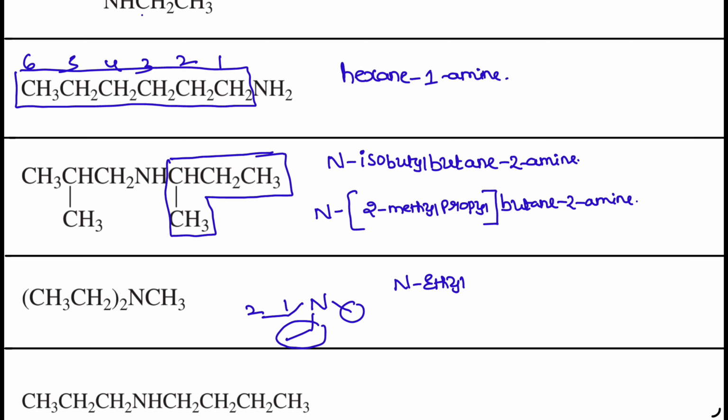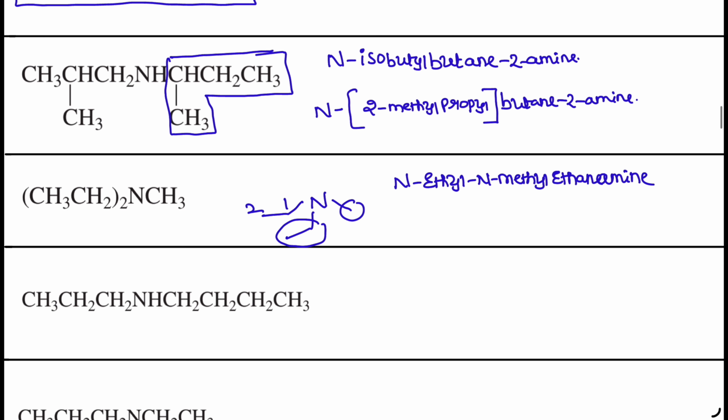Therefore N-ethyl, N-methyl, ethane-1-amine. Otherwise, whenever there are only two carbons, obviously the functional group carbon will receive the first priority. Ethanamine without a position also we can indicate because that is understood.